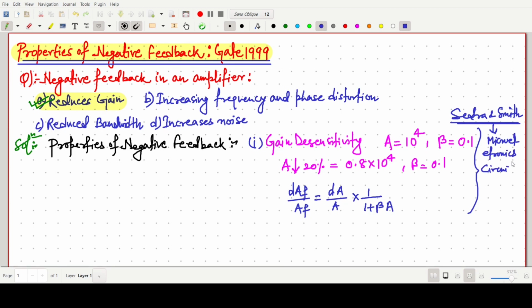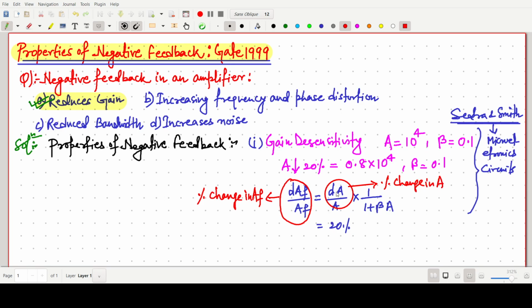So what is the percentage change in the feedback gain? dA by A is the percentage change in A, which here is 20%, and dAf by Af is the percentage change in Af.